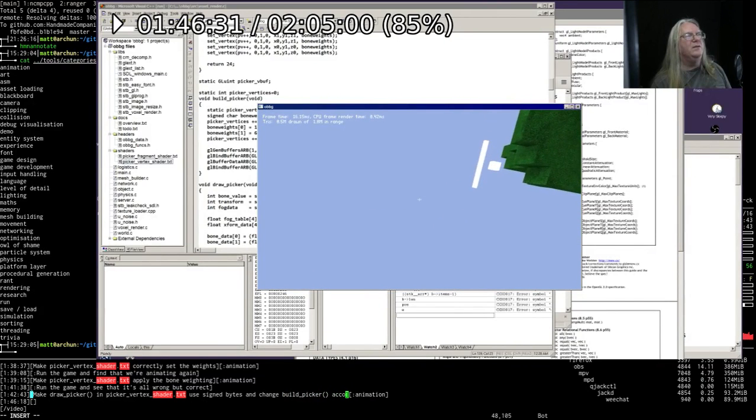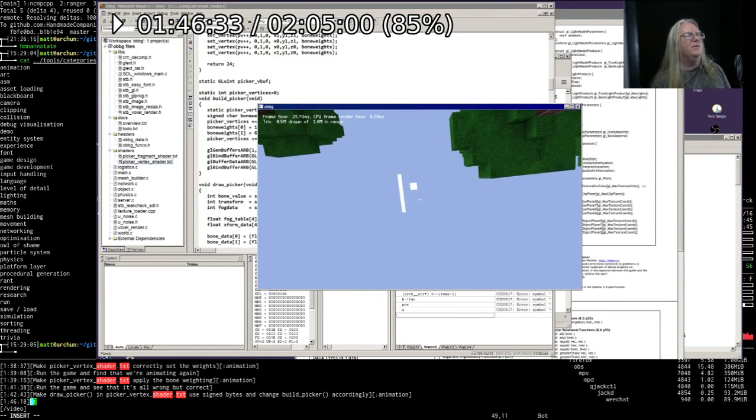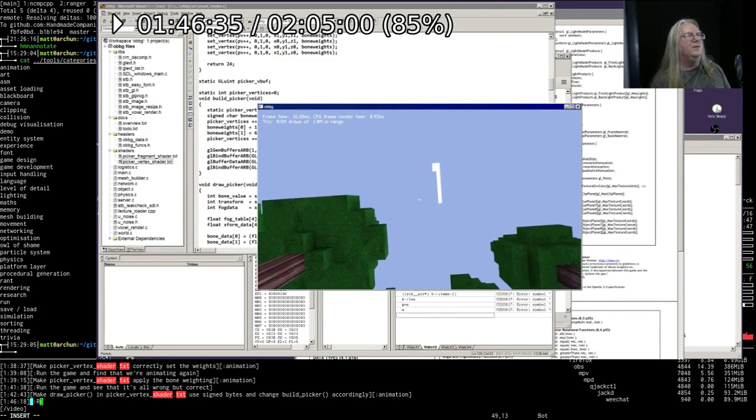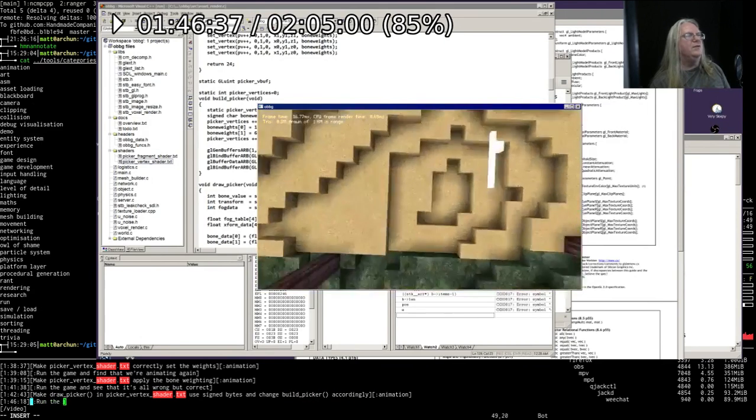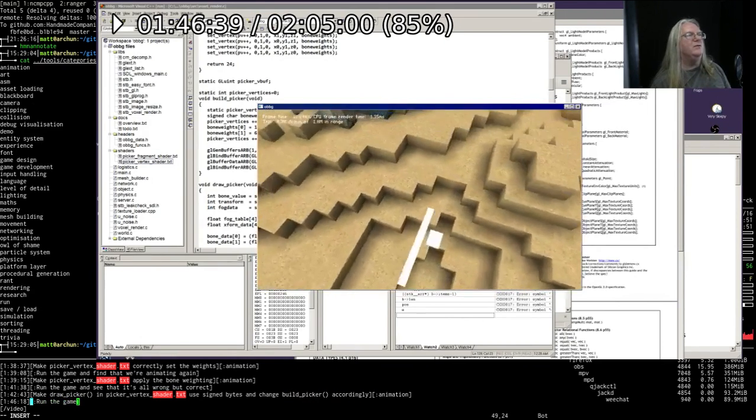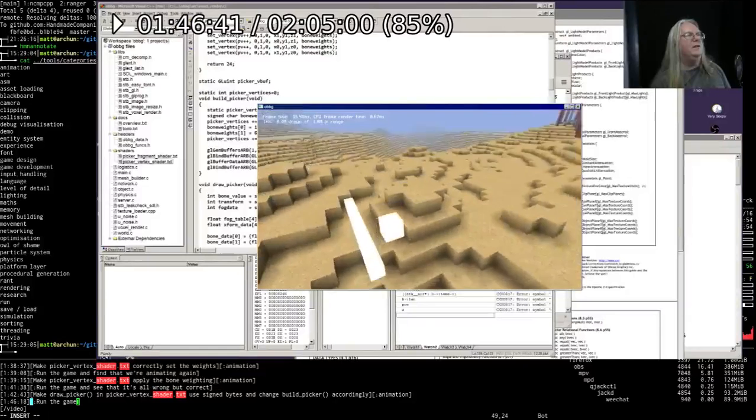Okay, so it's not moving though. If I stop moving, it's doing the same motion that we saw before. No, actually, it's not. Oh, right, because I changed the order of the weights. Okay.